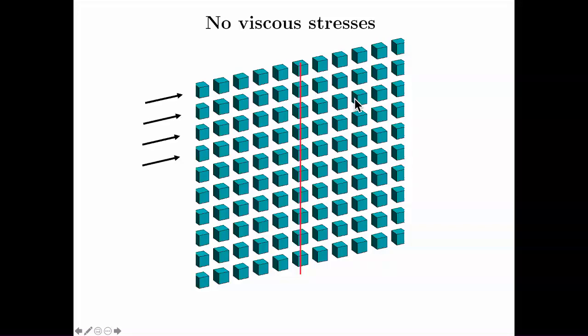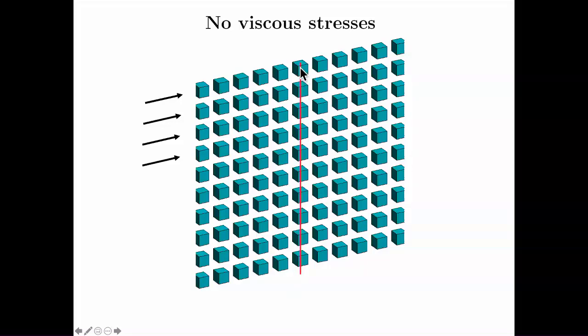And let's say I apply some velocity to the first 1, 2, 3, 4 rows of fluid elements. This red line here is basically my velocity profile. So at the start, my velocity profile is 0.